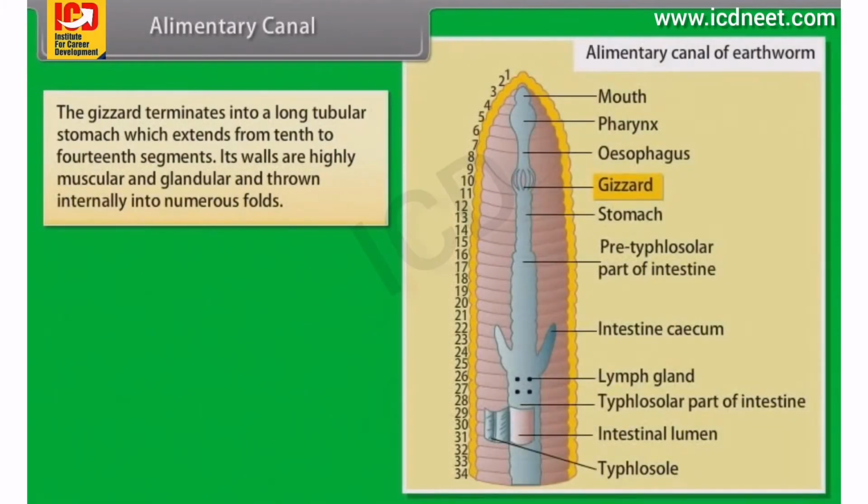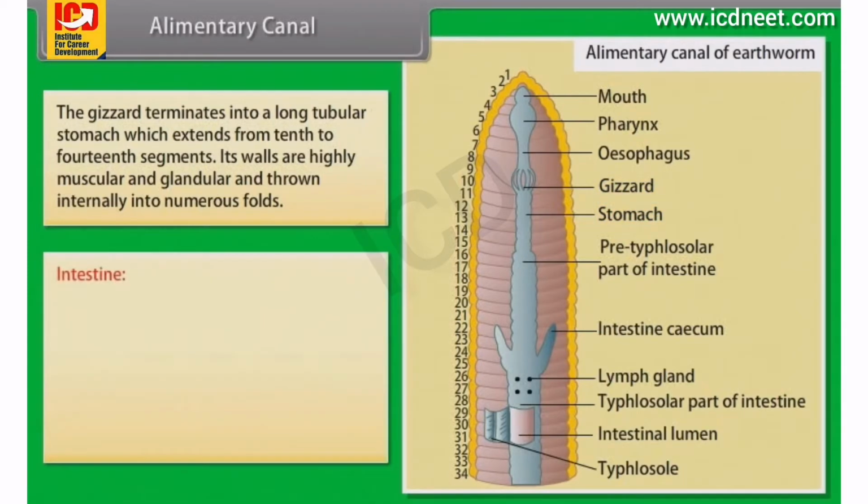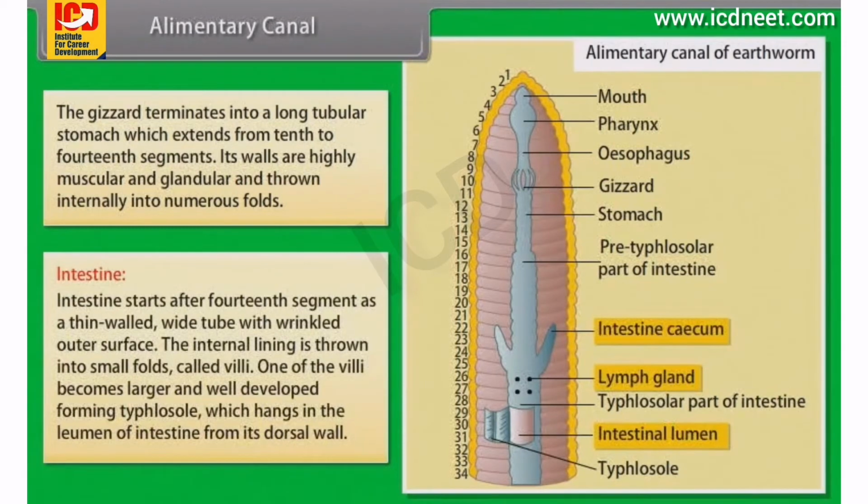The gizzard terminates into a long tubular stomach which extends from 10th to 14th segments. Its walls are highly muscular and glandular and thrown internally into numerous folds.